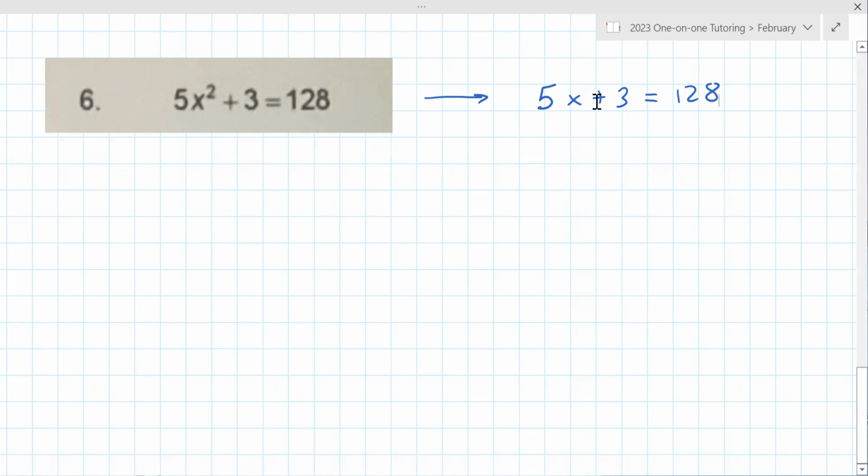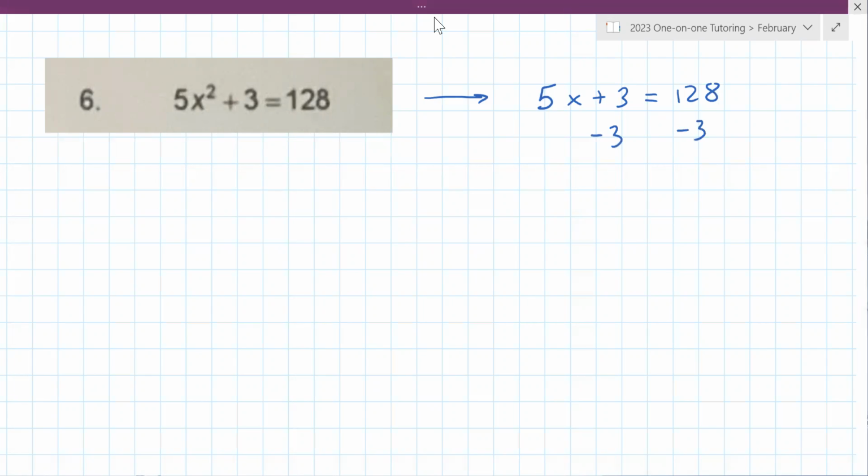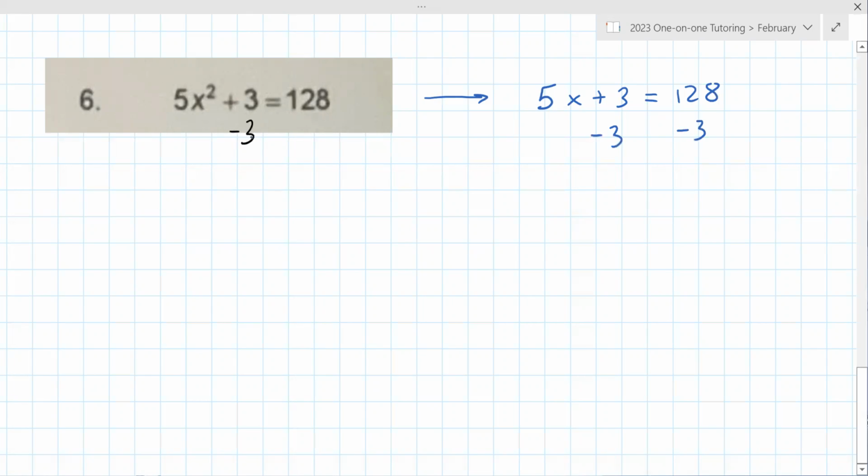You do the addition thing first. Yeah, you'd subtract 3 from both sides. Same thing applies to this problem. You're going to subtract 3 from both sides. That's 5x squared equals 125.